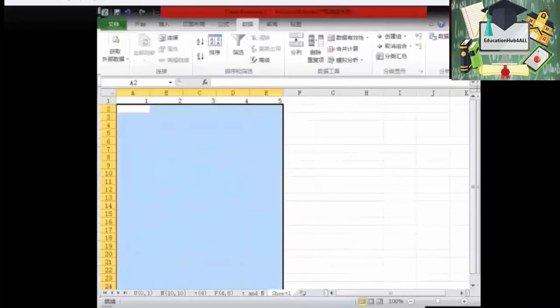Anyway, you see this interface. And then you click the distribution, because we are going to simulate a normal distribution. And then you select the mean, and the mean is 10.